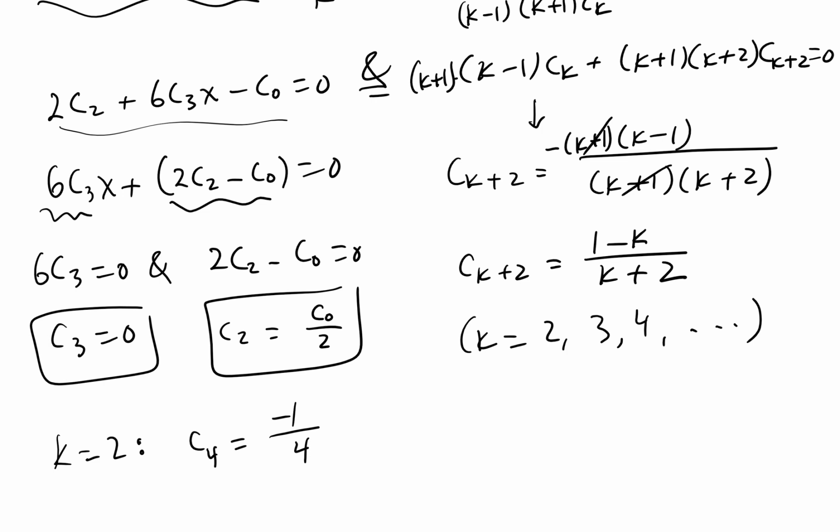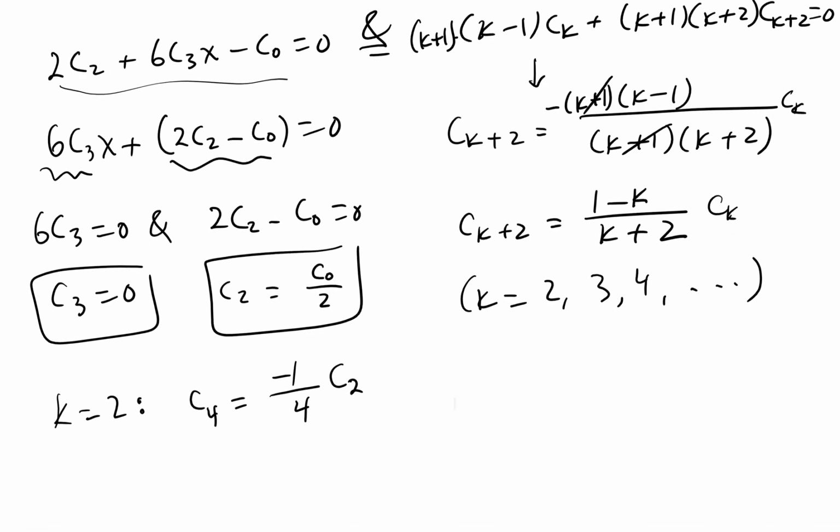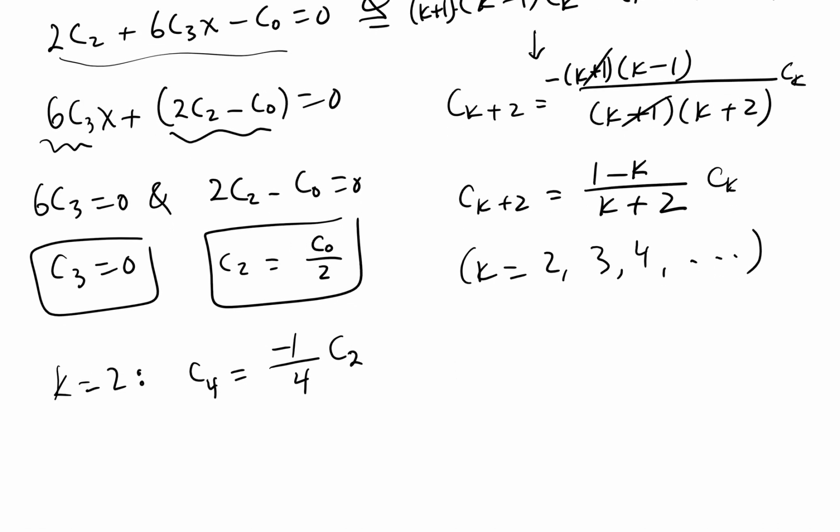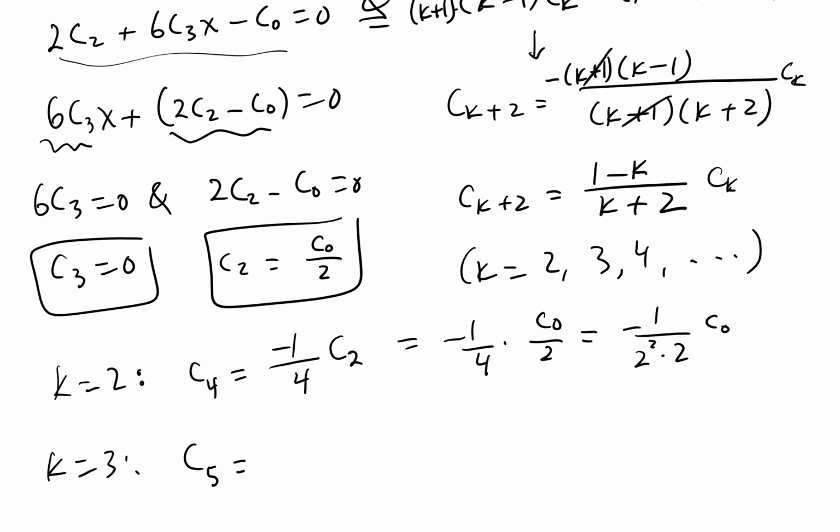There's a c term here, c_k, c2. But c2 is c0 over 2. So it's a negative 1 over 2 squared times 2, c0. Take k equals 3. c5 is negative 2 over 5 c sub 3, which is 0.